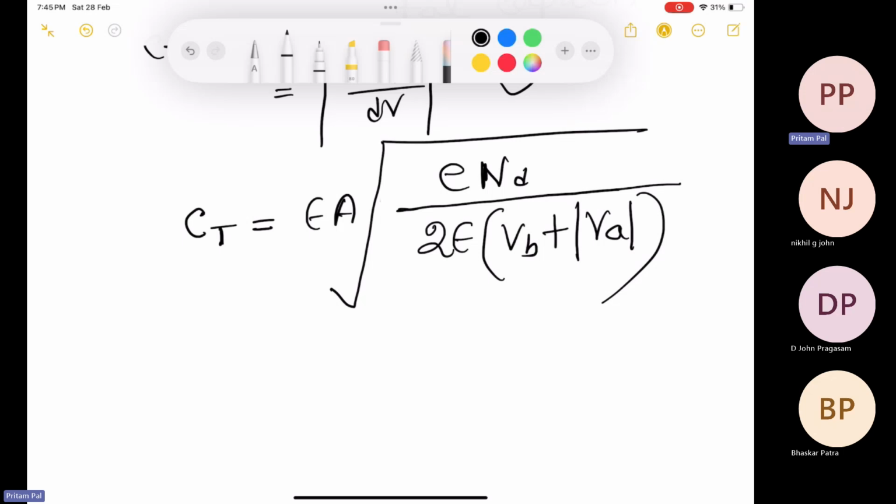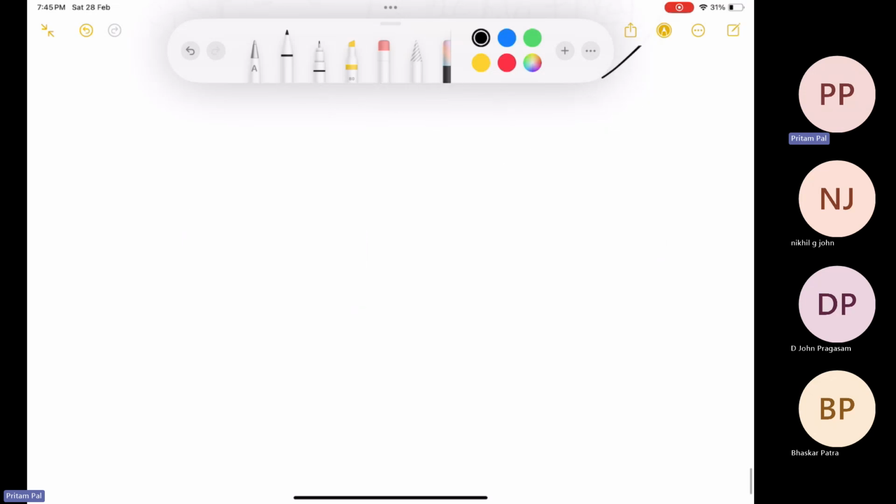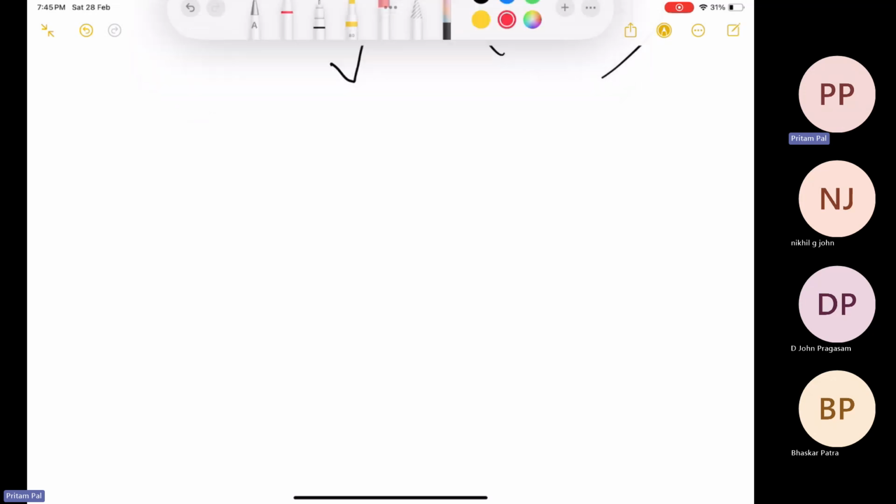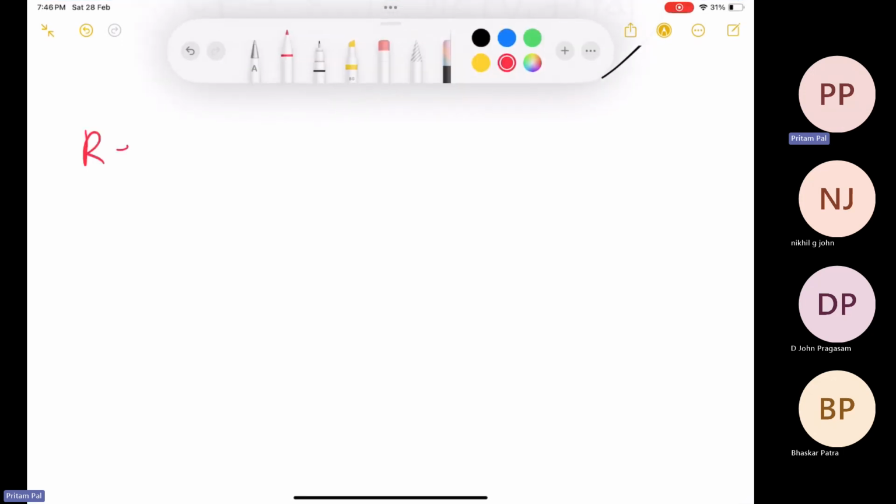Then I'll come to the diode portion. That is done. Rectifiers, half wave and full wave, are remaining.